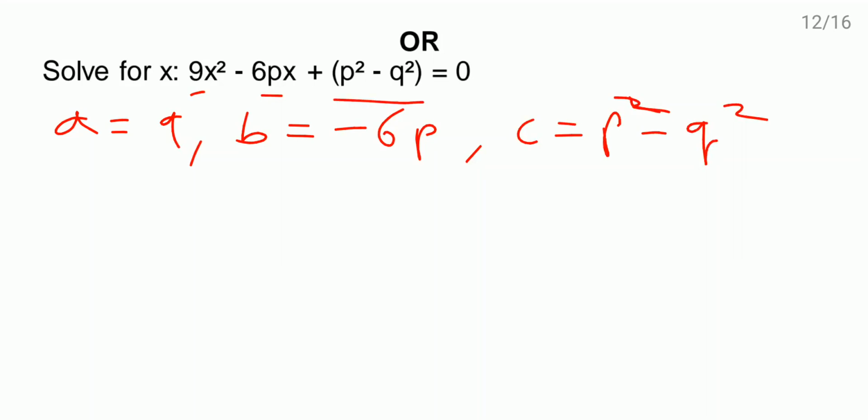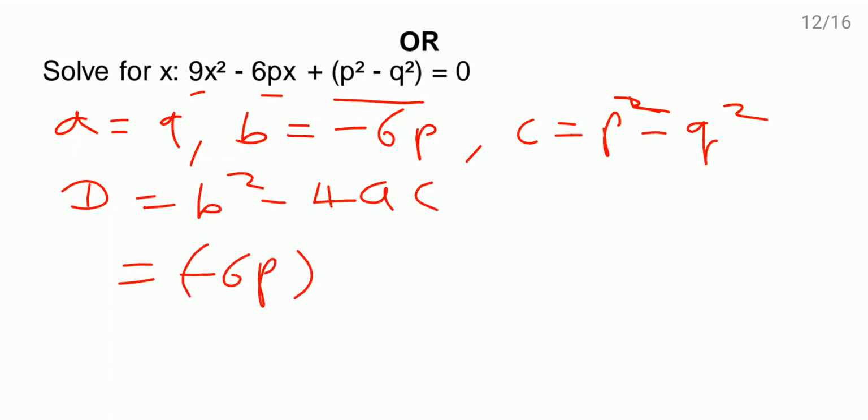Okay, now we'll first find out the discriminant, which is nothing but b square minus 4ac. We'll substitute the values here: minus 6p, the bracket square, minus 4.